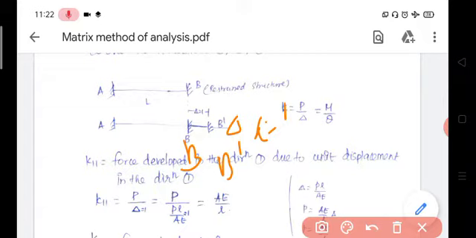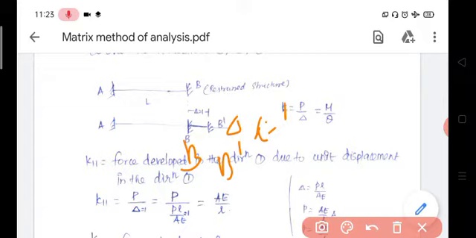Now we have to measure the force in the 3 coordinate directions. Along coordinate direction 1, that represents axial force, along coordinate direction 2, that represents shear force, and along coordinate direction 3, it represents moment.